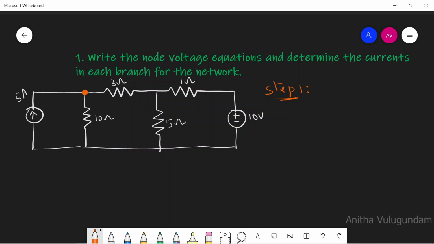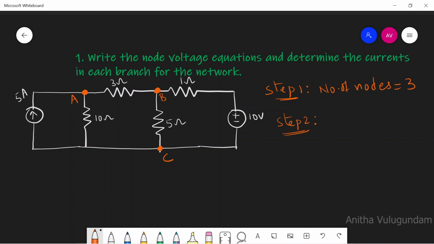Let this node be A. And this is one more node point where three elements are connected. Let this be B. And I'll take this as one more node point. Let it be C, where two or more elements are connected. Number of nodes equals 3.